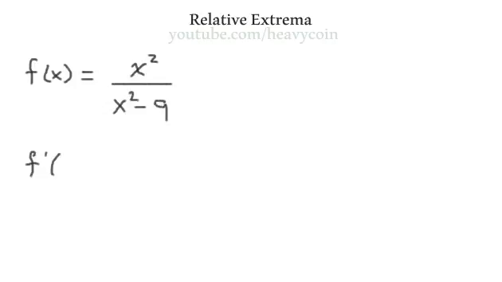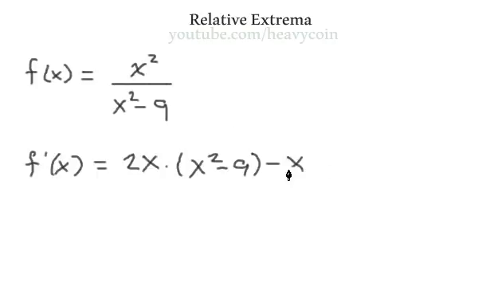So f prime of x is equal to the derivative of the numerator, 2x, times the denominator, minus the numerator times the derivative of the denominator, and the derivative of x squared is 2x, and the derivative of 9 is 0. Alright, so we're done with that.